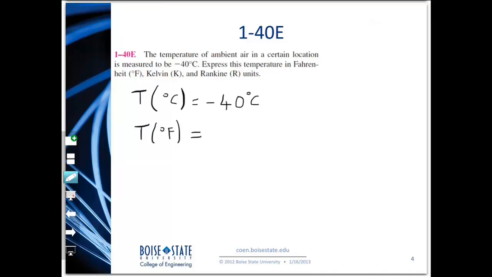So T in Fahrenheit will be 1.8 times T in degrees centigrade plus 32.